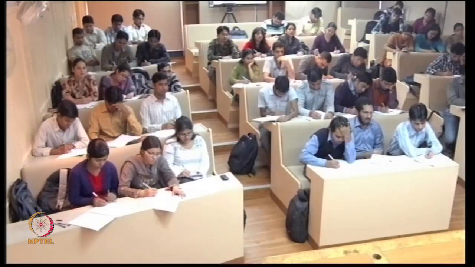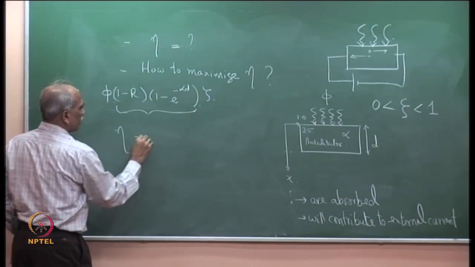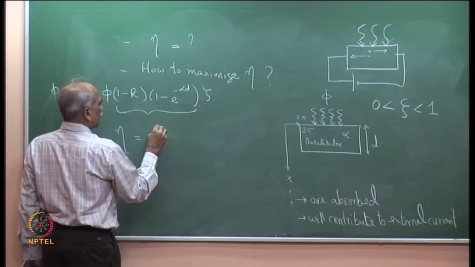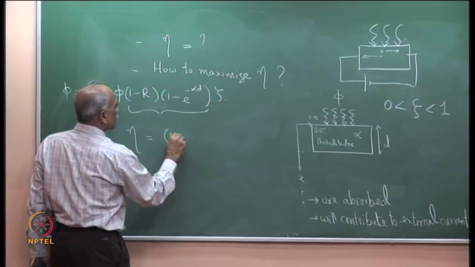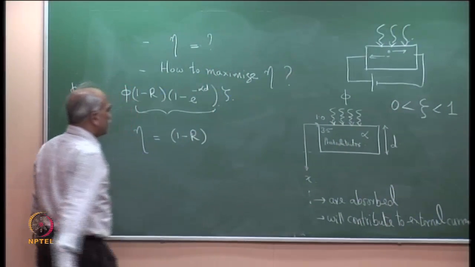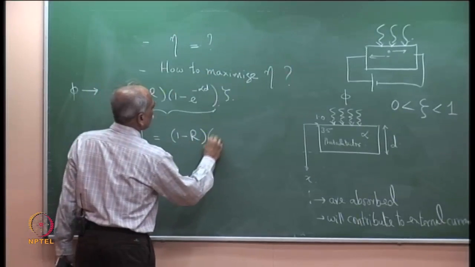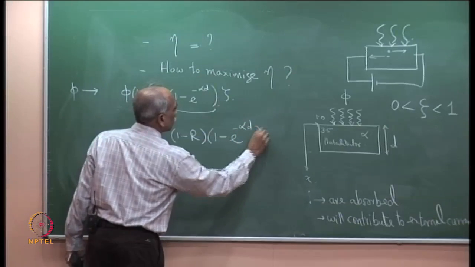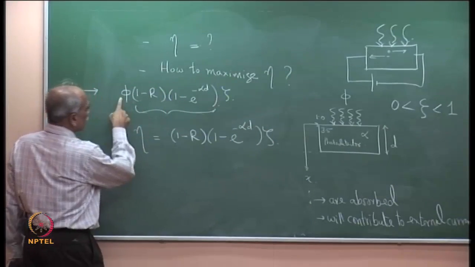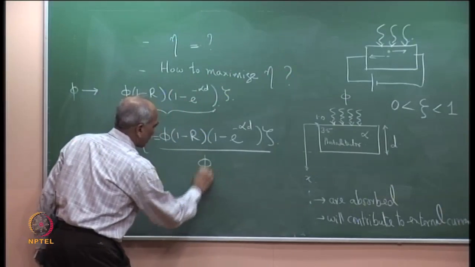I had written the definition of eta, the internal quantum efficiency, as equal to 1 minus R, into 1 minus e to the power minus alpha d, into zeta, because this is the current divided by the incident photon flux phi.